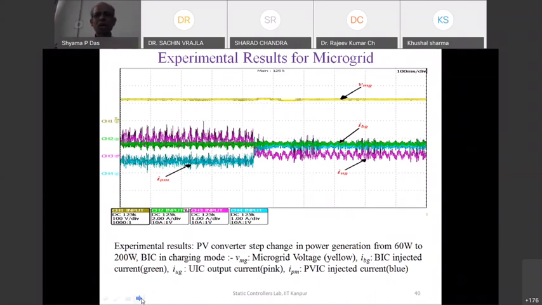So one thing we can observe is that when the photovoltaic increases, the load on the utility grid decreases. The utility grid was earlier sharing the load, but when the solar is available, the utility grid will be less burdened, and the power will be drawn from the solar. So the utility grid current will reduce with the availability of the solar current.